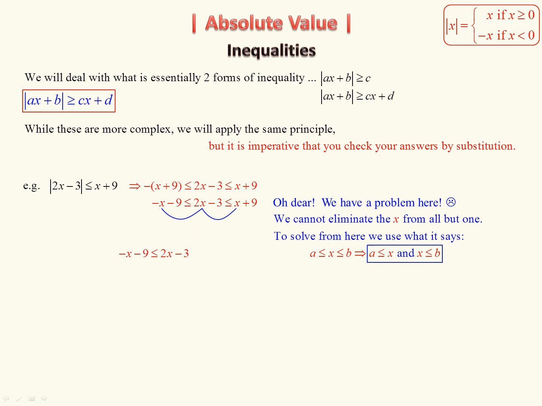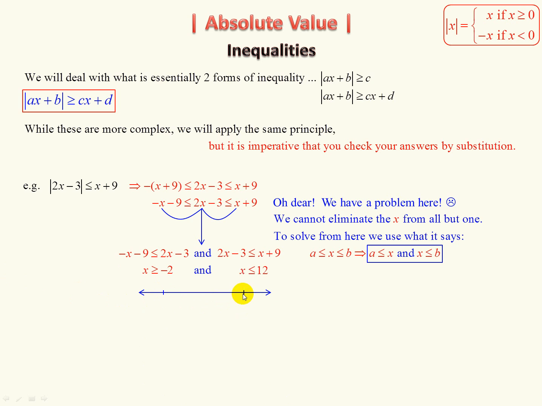So therefore, we're going to take that as an inequality. We're going to have an "and", because that's what it means, and we're going to take that one as the other inequality. Now let's solve them separately, remembering that we have an "and". So now I'm going to go to a number line. There's my number line.